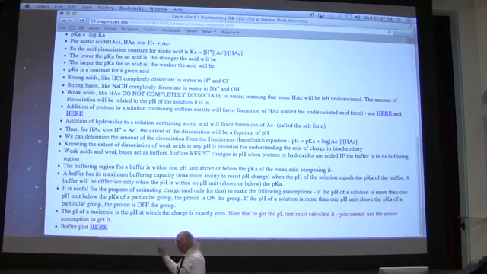So therefore, a weak acid has the ability to resist a change in pH. Now that turns out, as I said, to be an immense and essential stabilizing factor for us as living beings.